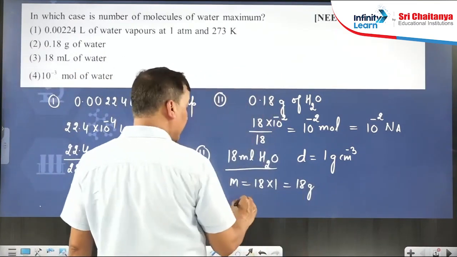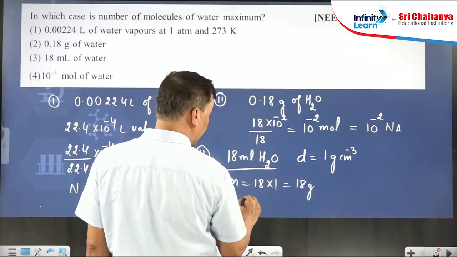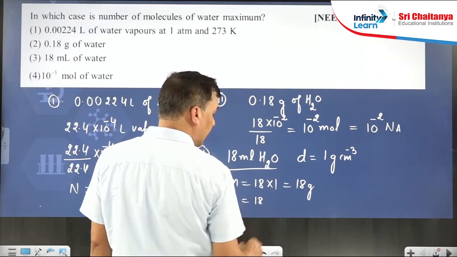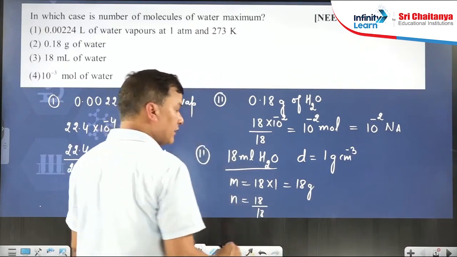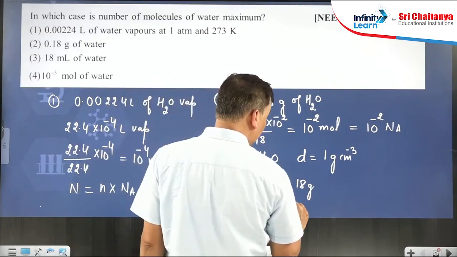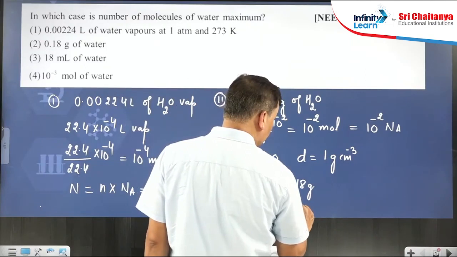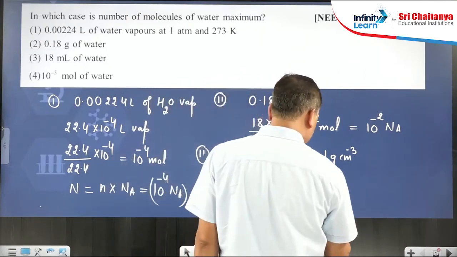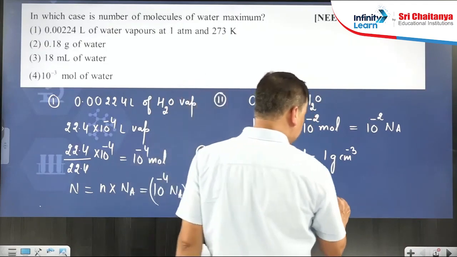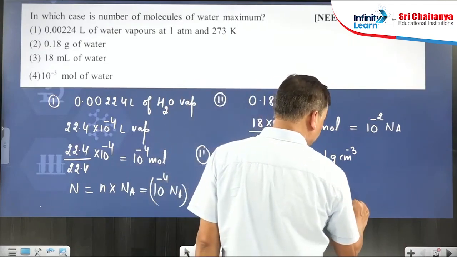Now we have to convert this into the number of moles. Number of moles is equal to 18 upon 18. How many moles are there? There is 1 mole. And now we have to convert this into the number of particles, that is 1 into Na.